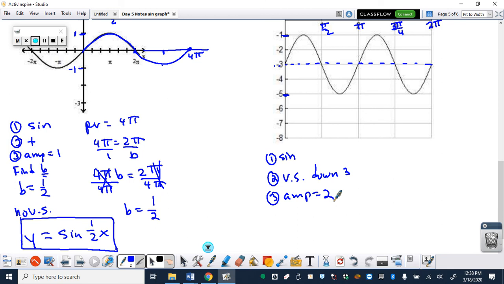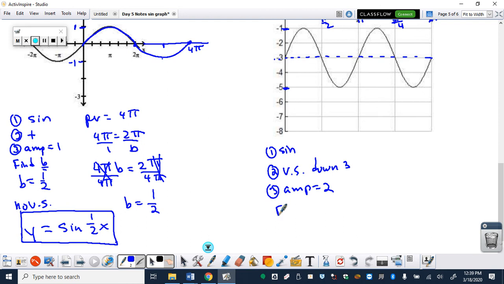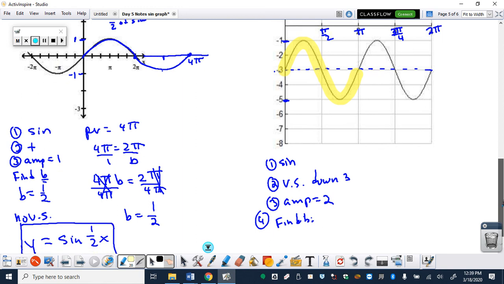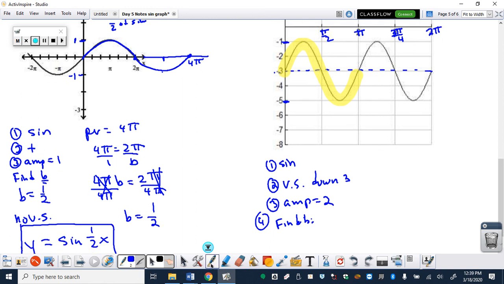And now we have to find b again. So for number 4, we need to find b. When we look at the graph, how long does it take for one complete cycle to occur? I'm going to highlight it. One complete sine curve only takes pi. So period is equal to pi.